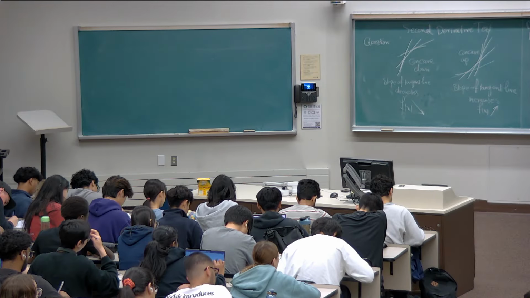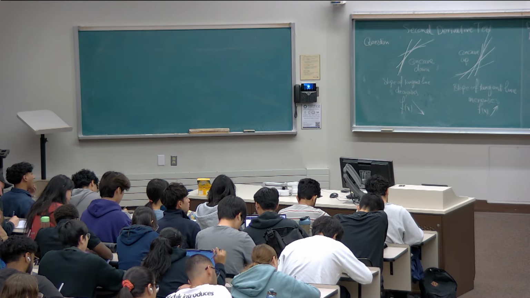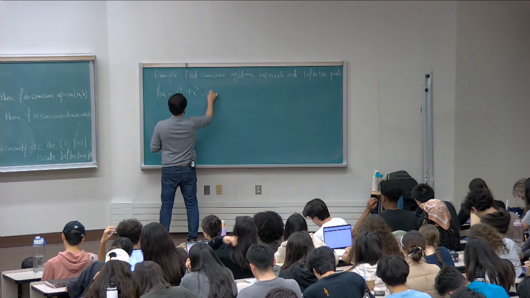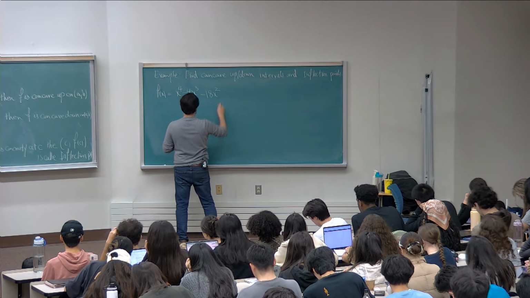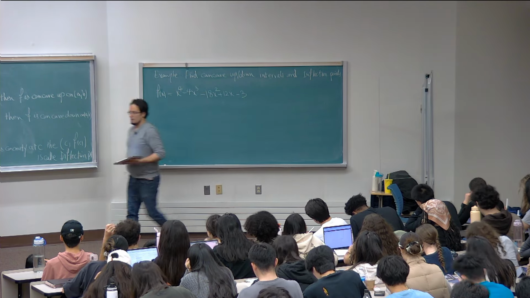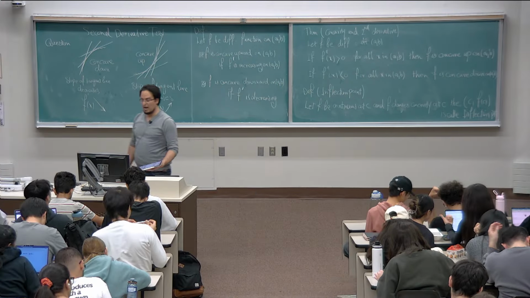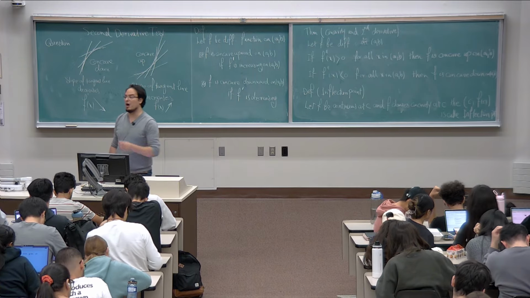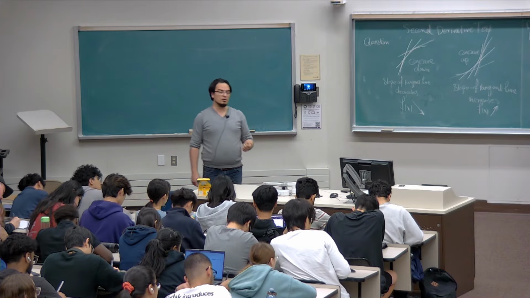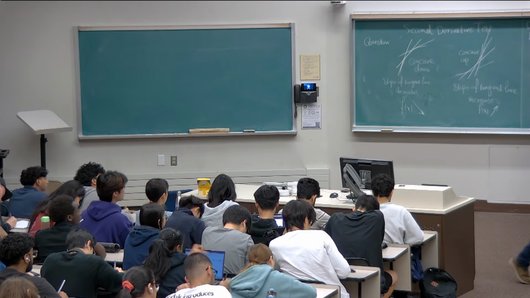I'll start with f of x. f of x is x to the power 4 minus 4x to the power 3 minus 18x squared plus 12x minus 3. We are trying to find intervals on which the graph or the function is concave upward or concave downward. And also, I'm interested in finding inflection points. Go ahead, I'll give you 90 seconds.